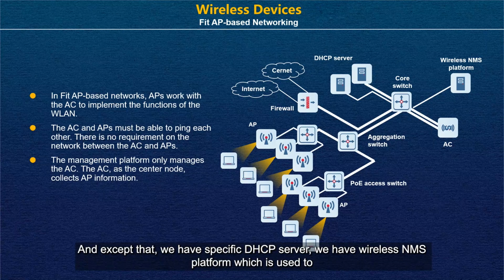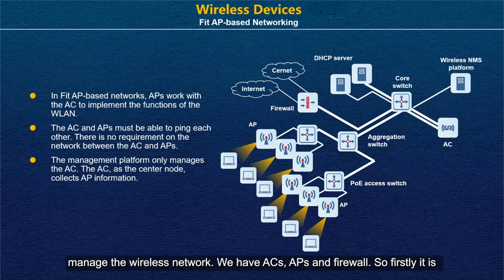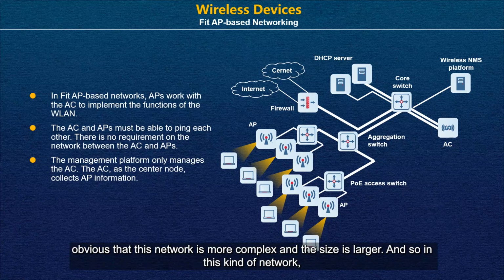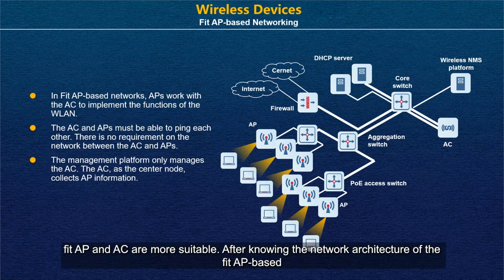And besides specific DHCP servers, we have a wireless NMS platform, which is used to manage the wireless network. We have ACs, APs, and firewalls. So firstly, it's obvious that this network is more complex and the size is larger. So in this kind of network, FIT AP and AC are more suitable.